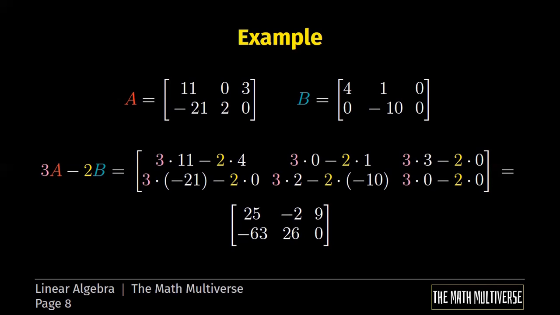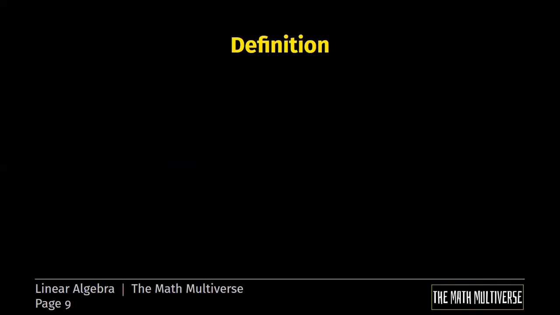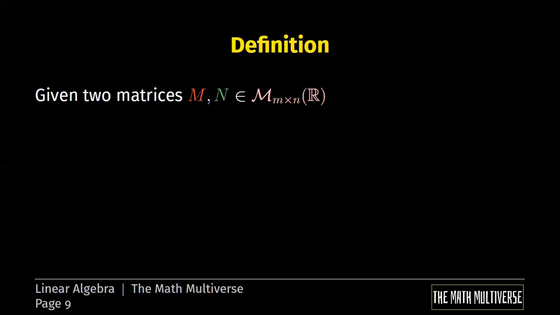Linear combinations are very important in linear algebra, and not only, but especially in linear algebra and whatever will follow after. So let's generalize in the next definition what we just saw in the previous example.